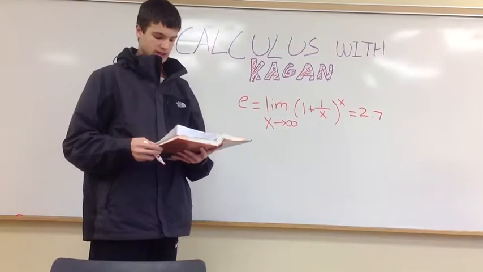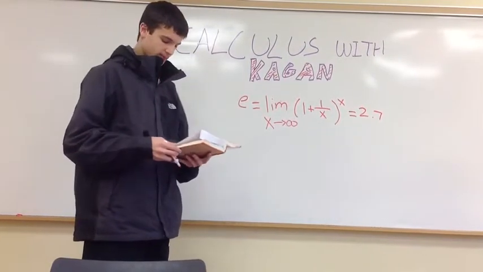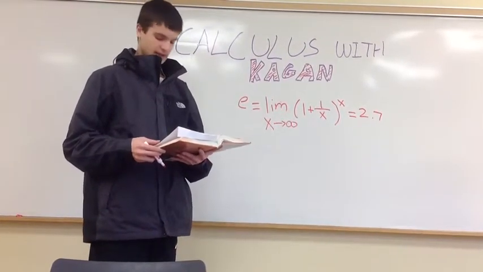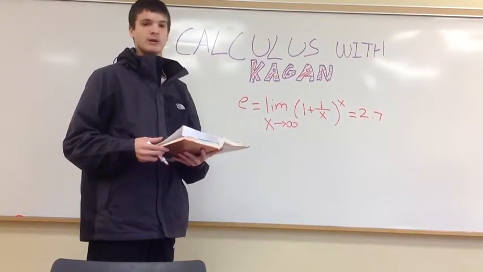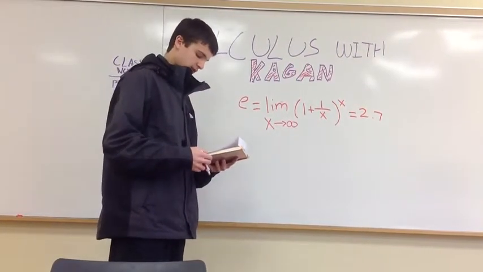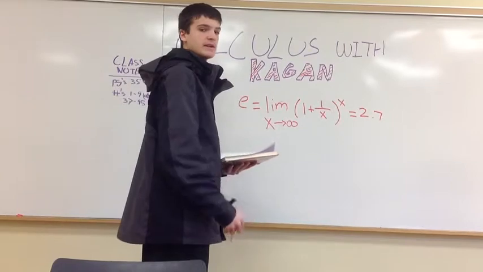Now when you do this, you can also draw the graph. And when looking at the graph, e to the x looks somewhat like this drawing, which I'm about to do, and passes through the point 0, 1.